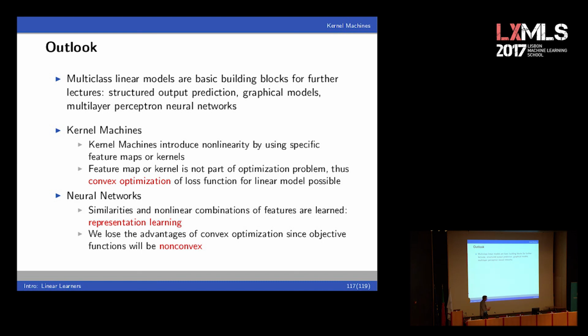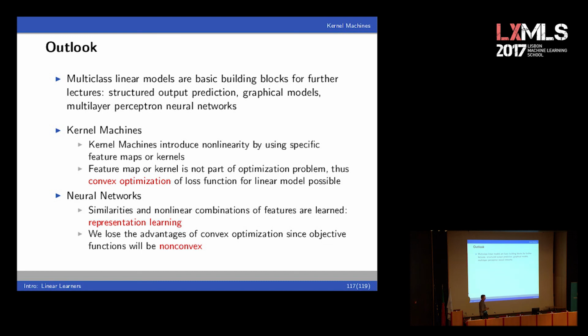The same goes for graphical models and for neural networks. The multi-layer perceptron is just stacking perceptrons onto each other, so the outputs of different perceptrons are taken as features for the next layer. This makes the whole enterprise go nonlinear and non-convex.